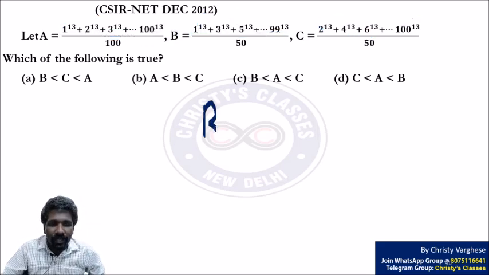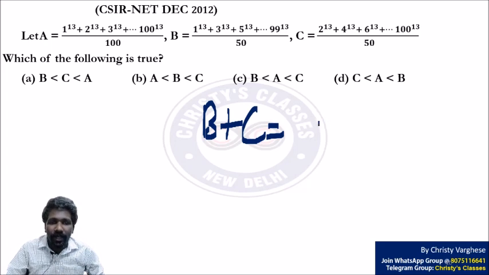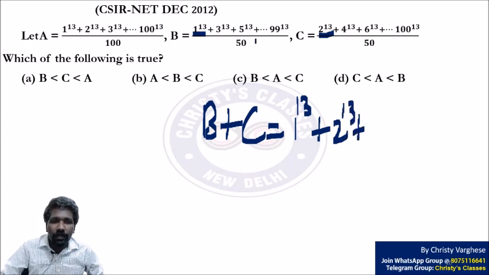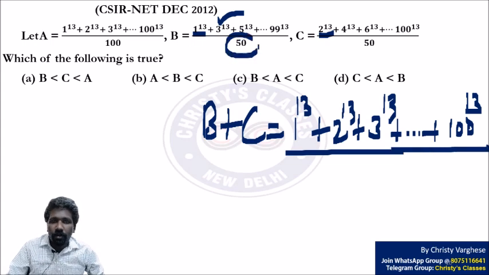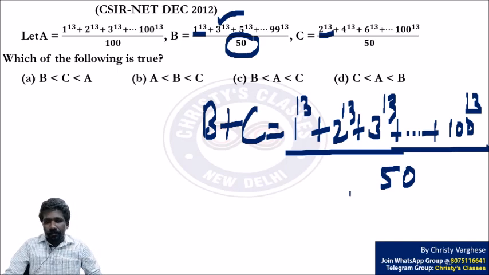Or in other words, if you add up B plus C, you will get a connection with A. B plus C is going to be 1 raised to 13 plus 2 raised to 13, and so on, in whichever order, because addition is commutative and associative. Up to 100 raised to 13, divided by 50, since the denominator is 50.